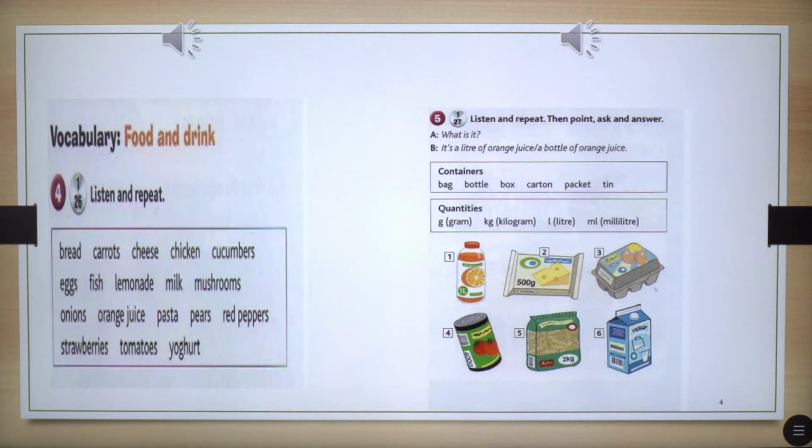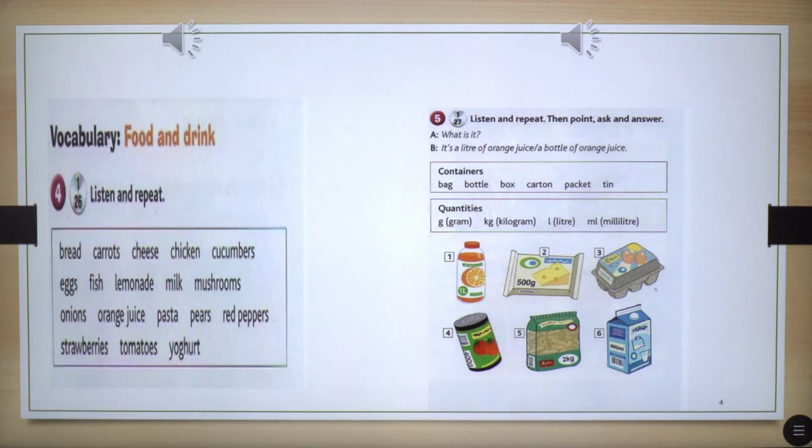The third one, we can see eggs. So what do you think? How do we call that container that we keep eggs in? It's a box. Okay, that's right. It's a box.